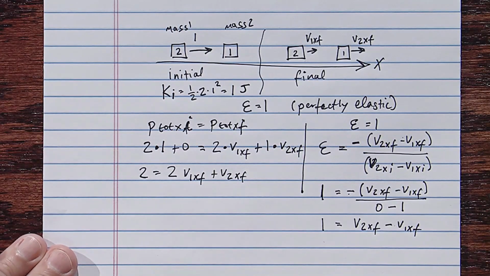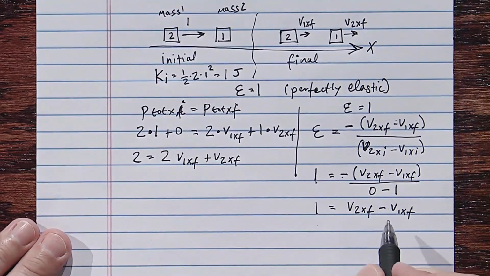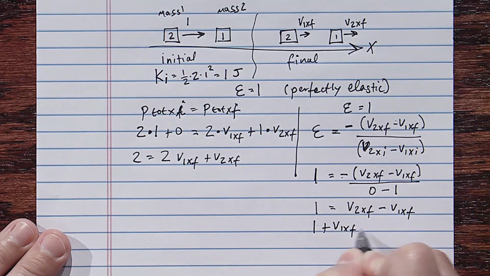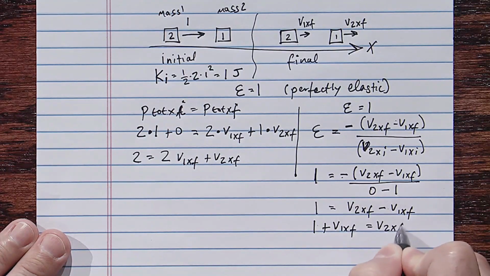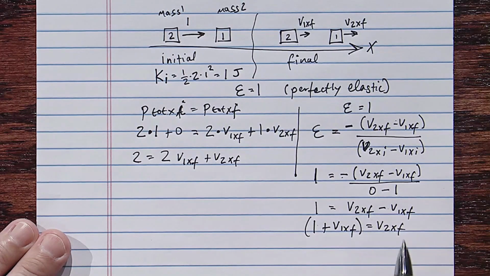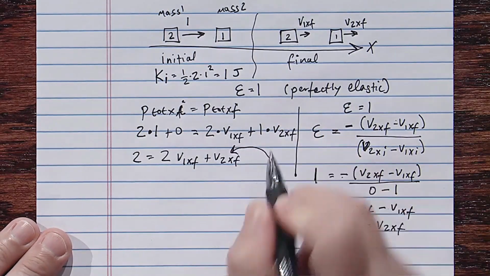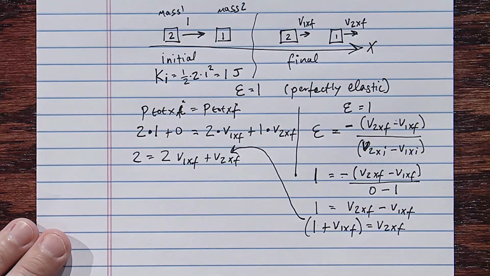Okay, so now I have two equations and two unknowns. What I will do is solve this equation for V2x final by adding V1x final to both sides. So I have 1 plus V1x final is equal to V2x final. I will take that and substitute it in for V2x final over here.